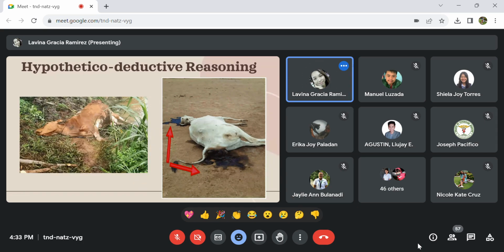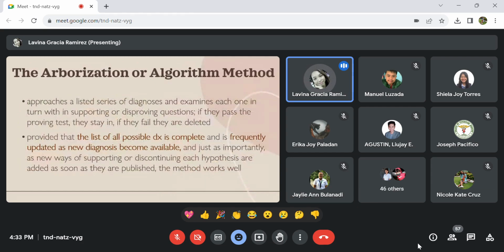Okay, so what else? Now, the next method is the arborization or algorithm method. This approach lists a series of diagnoses and examines each one in turn with supporting or disproving questions. If they pass the proving test, they stay in. If they fail, they are deleted. If you will notice, it's more like hypothetico-deductive reasoning, only in an expanded form. So, as I said, from the simpler to a more complex method of identifying the possible cause of the disease.